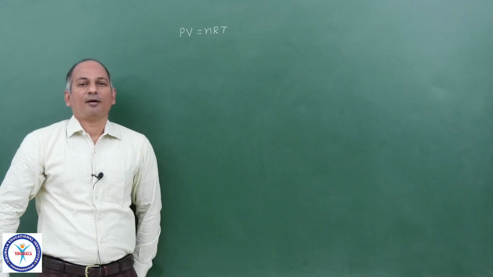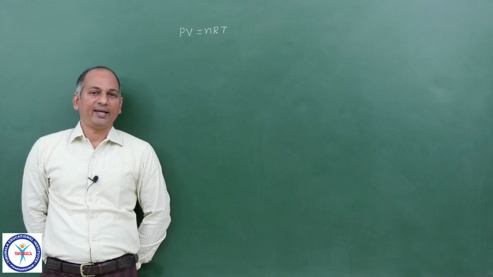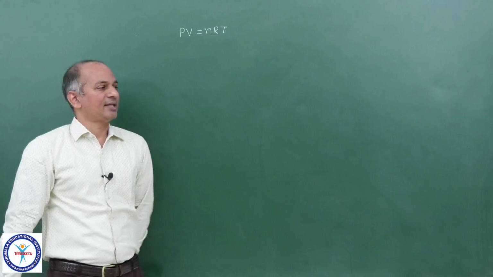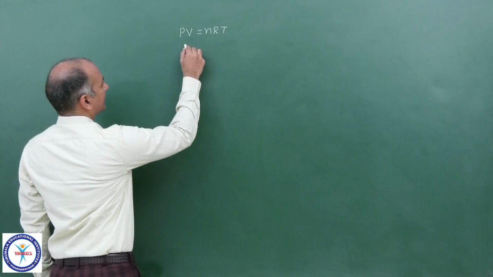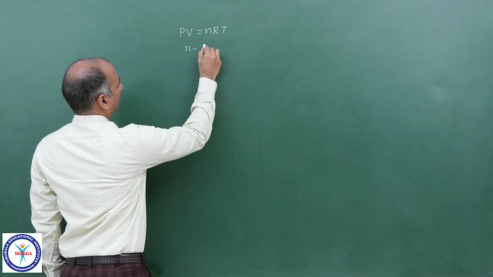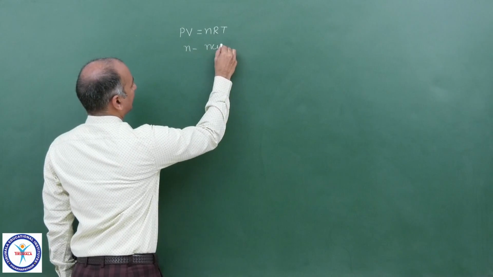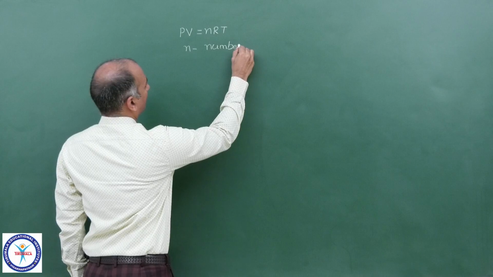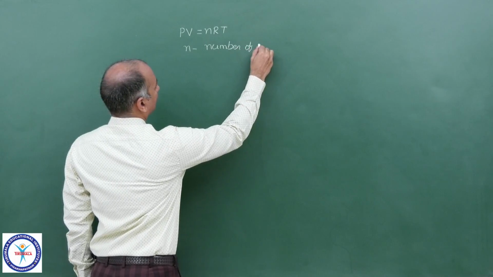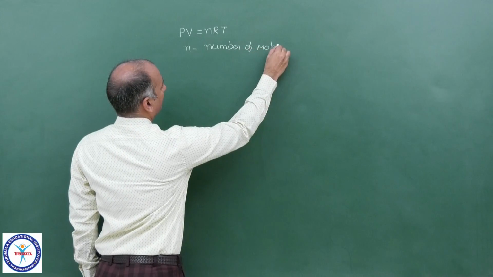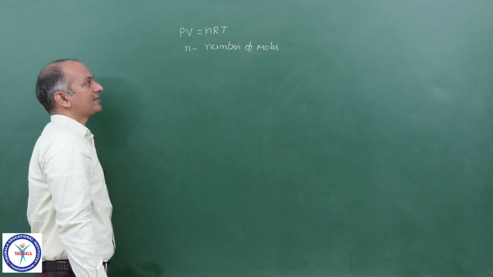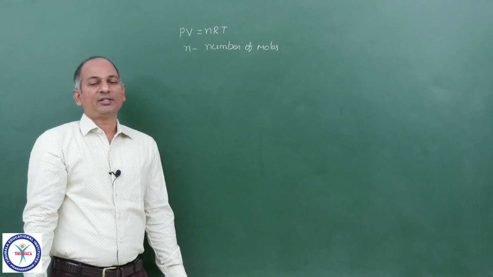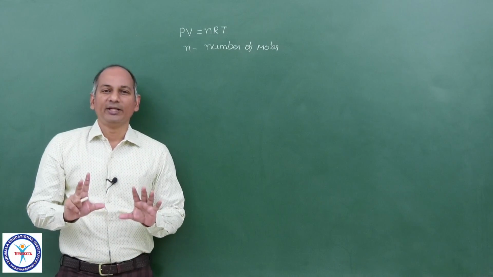So here, what is that small n? It is the number of moles of the particular gas. Actually, this equation is applicable only to gases.